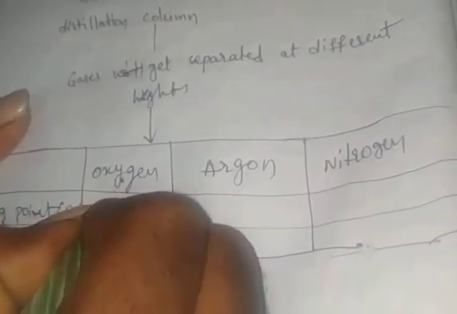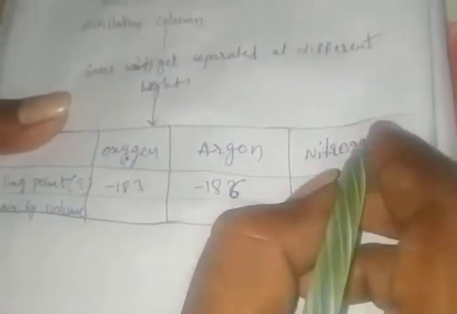Oxygen's boiling point is minus 183 degrees Celsius, argon minus 186, and nitrogen minus 196.